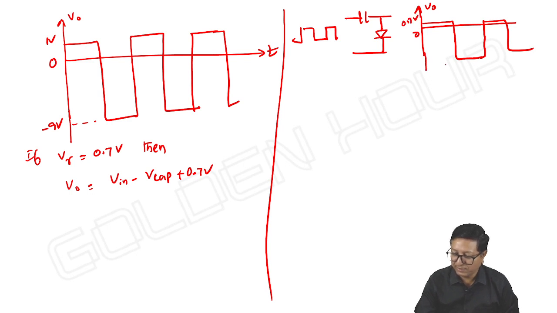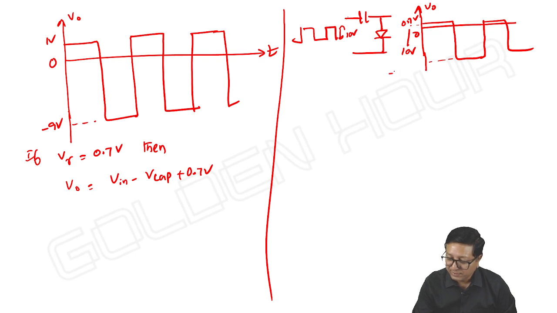Suppose, just as an example I am writing, the peak to peak amplitude is 10, then this is also 10. It is minus 10 plus 0.7 volt. Like this, we can take the result.